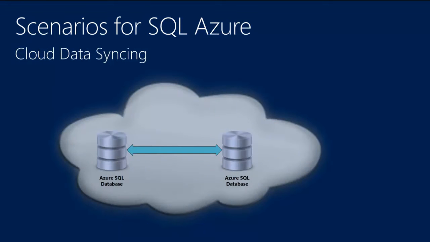And the last one is that you can sync up an Azure database to another Azure database. If you pushed all your databases up in the cloud, you could have a master database that held all of your data, and another database that held just the data that customers would see.